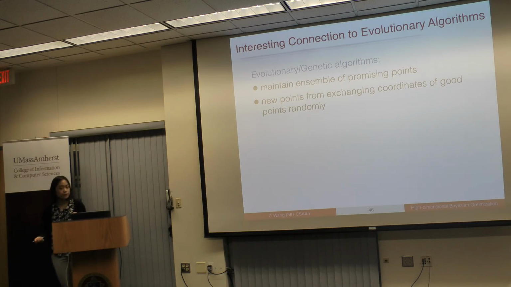One of the mechanisms is called the crossover operator. Basically, it creates new points in the new population by randomly exchanging coordinates of the good points that we already have.